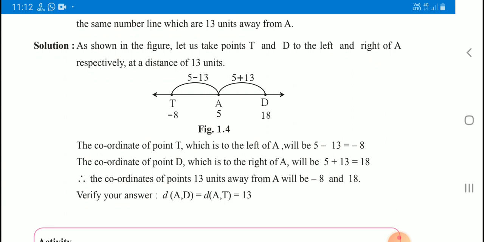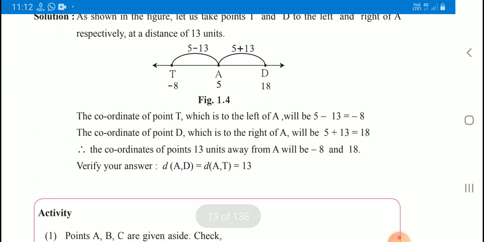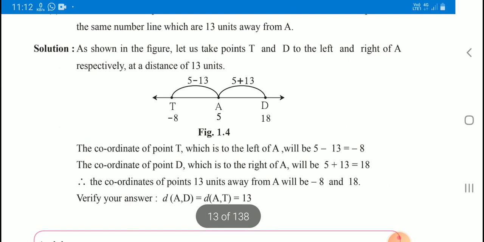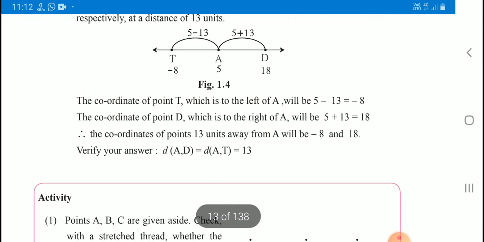Therefore, the coordinates of points 13 units away from A will be negative 8 and 18. Now, you have to verify your answer by finding the distance AD and distance AT. It will be exactly 13.